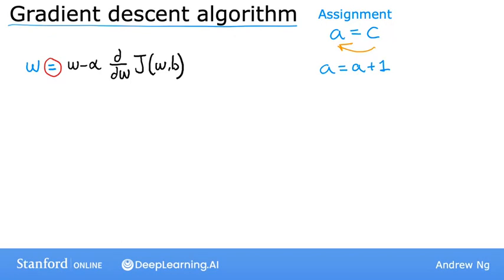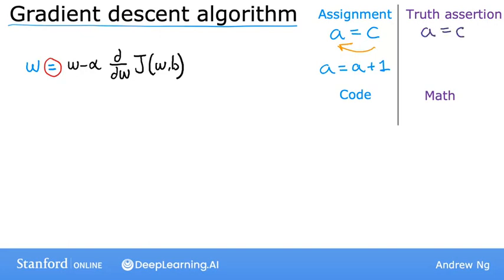So the assignment operator in coding is different than truth assertions in mathematics, where if I write a equals c, I'm asserting, that is, I am claiming that the values of a and c are equal to each other. And hopefully I will never write a truth assertion a equals a plus 1, because that just can't possibly be true. So in Python and in other programming languages, truth assertions are sometimes written as equals equals.